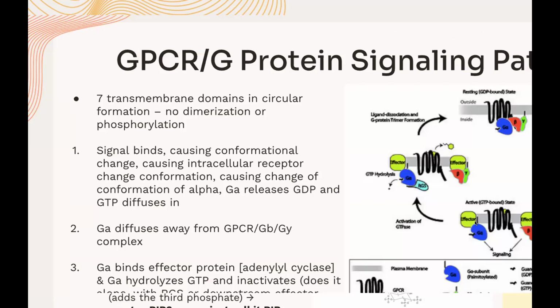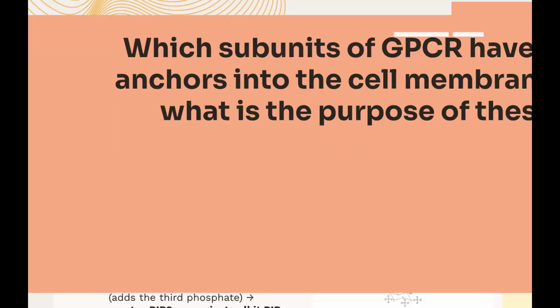Those are parts that can interact with the membrane, anchoring them to the membrane. We want them to separate to be active, right? So we want them to be able to move sideways. But if alpha could just move into the cytosol, it could go far away from the next protein that it wants to signal, and it wouldn't be able to go back. So the whole pathway would just get messed up. We kind of want them to be able to move around a little bit, but not too much. Perfect.